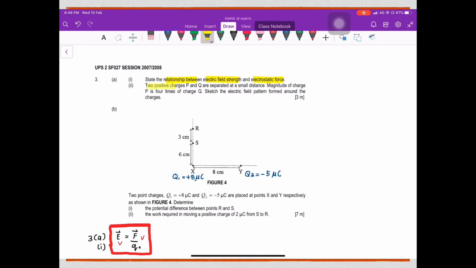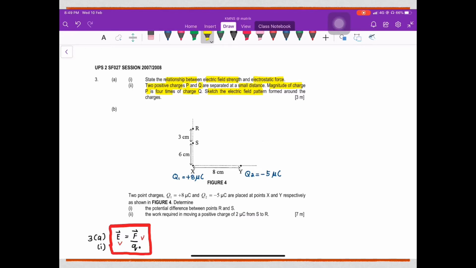Two positive charges P and Q are separated at a small distance. The magnitude of charge P is 4 times that of charge Q. Sketch the electric field pattern formed around the charges. Okay.